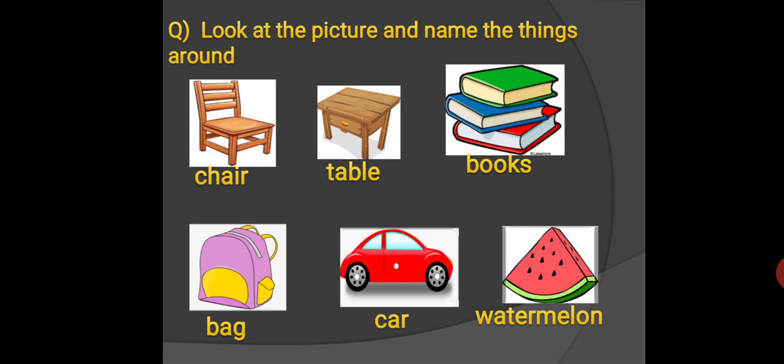So that is why all these things shown on the slide, for example, chair, table, books, bag, car, watermelon, pen, pencil, sharpener, scale, fan, light, clock, TV, refrigerator, inverter, your school bag, your uniform, your shoes, your socks, are just objects.